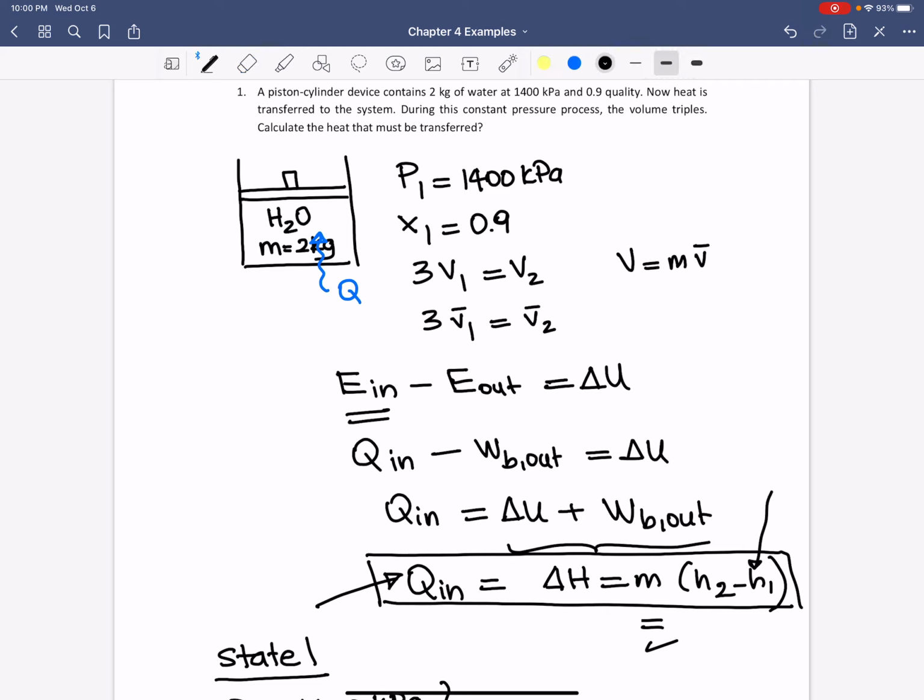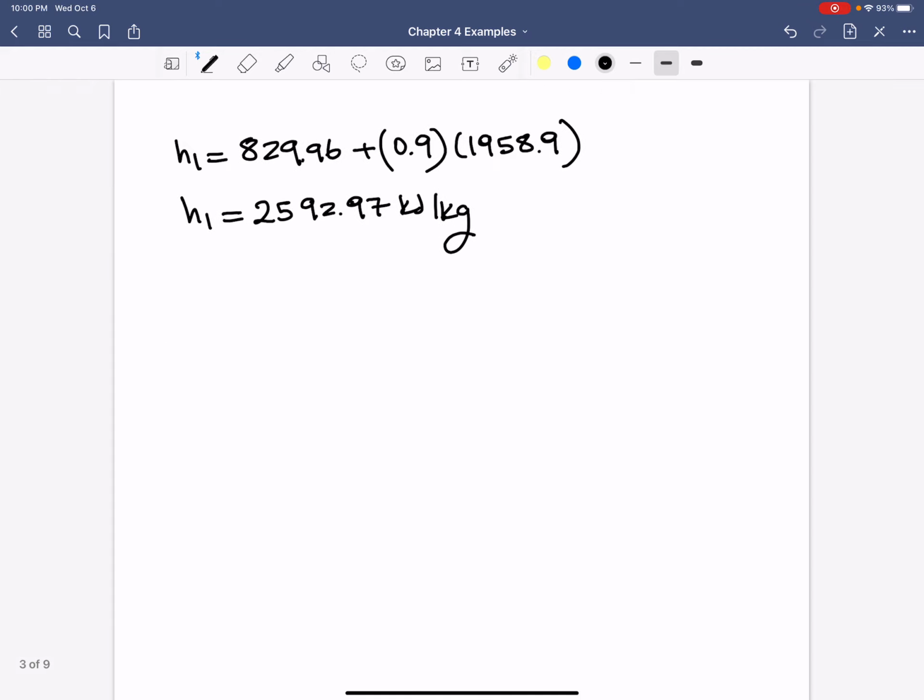Right? And next, let's look at how we can calculate H2. Can we check the tables to see if we can read H2? They are telling us the pressure at the second state is 1400 kilopascal, but they are not giving us any other intensive property so that we can look at the table and read H2.